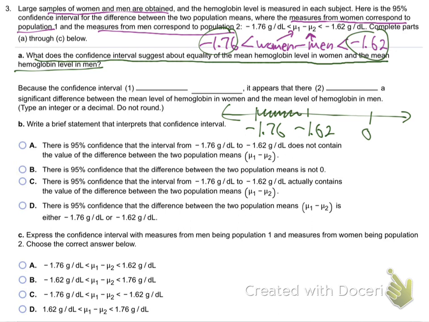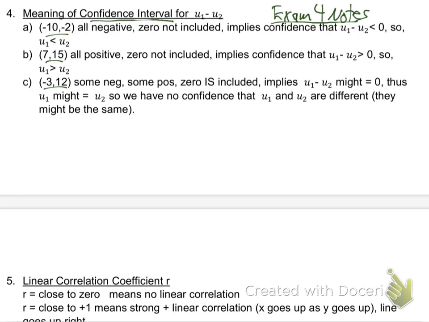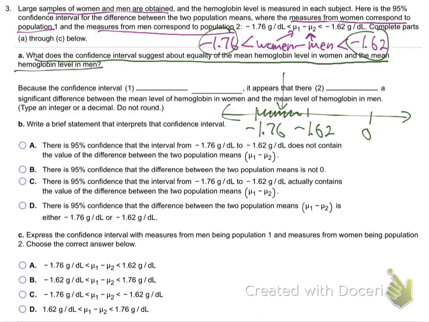There's our confidence interval. We are pretty confident that our true value is right in there. 0 is not included. So if you have this all negative, that's what we have. It implies that the difference is less than 0, meaning that mu1 is less than mu2. Do you see what that's saying?